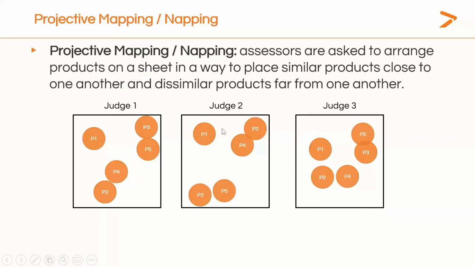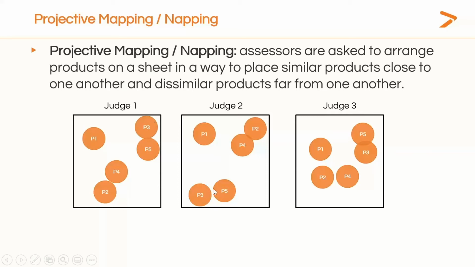Then judge number 2 does the same, and judge number 3 also. Here, as you can see, we find once again this interesting clustering between P3 and P5, found here, and found here. But there's some kind of a distortion linked to each and every judge. Here they were clustered at the top right part of the map.